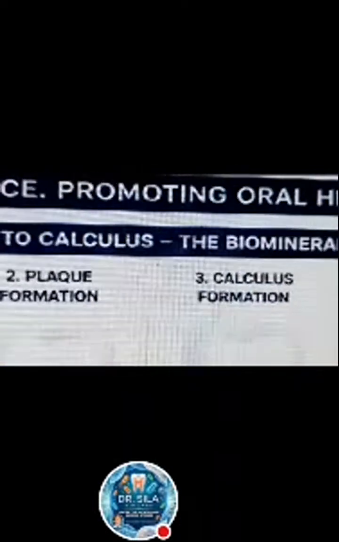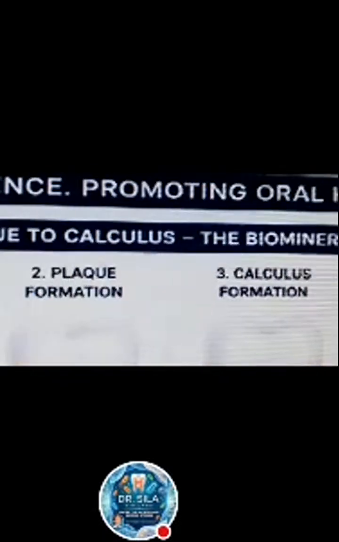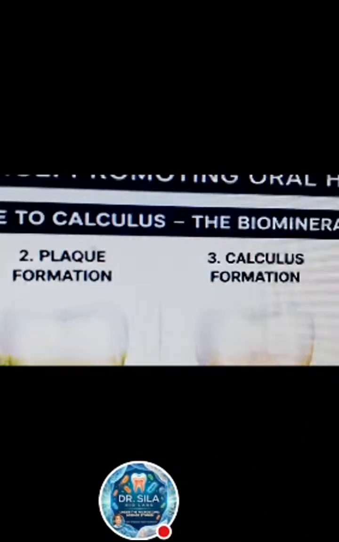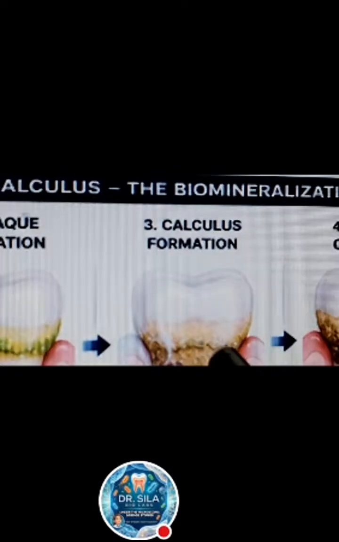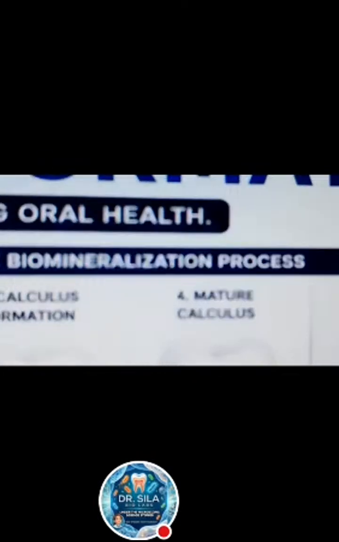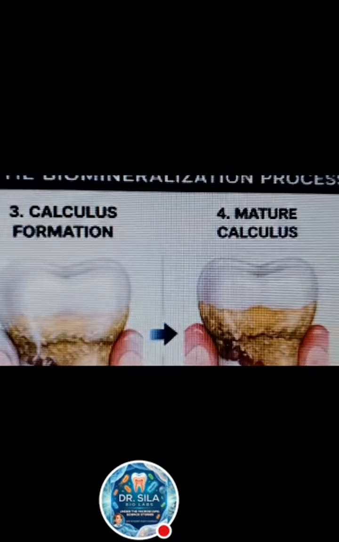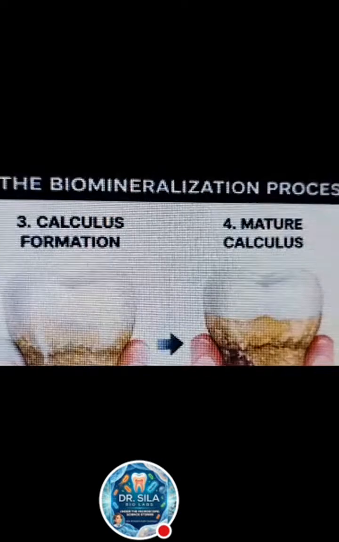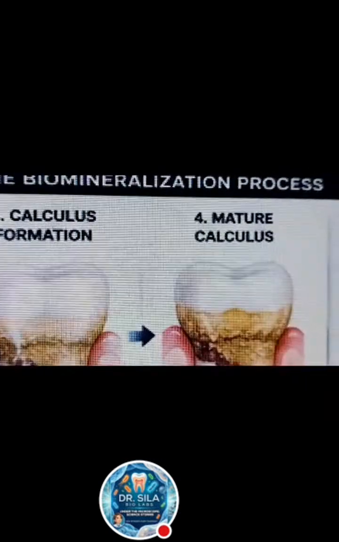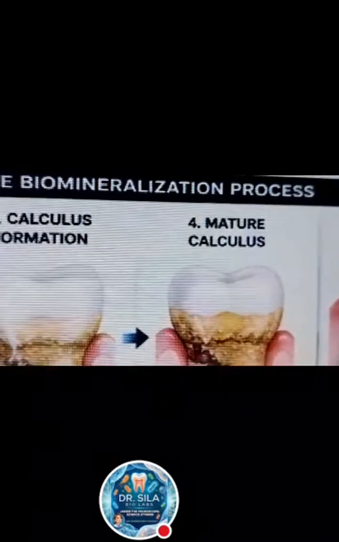Calculus: minerals in the saliva or gingival crevicular fluid precipitate into the plaque. That is the calculus formation. And how is mature calculus formed? Calculus hardens, becomes porous, and promotes further plaque retention. That is how the mature calculus is formed.